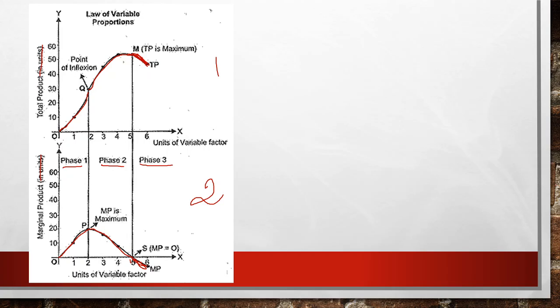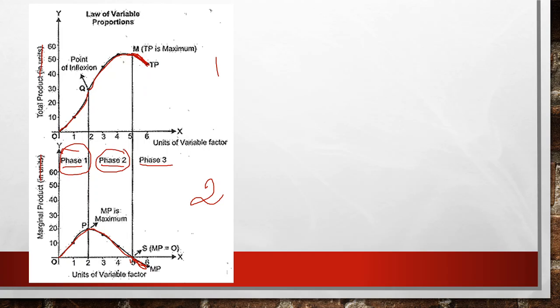It means TP increases at an increasing rate and MP of each variable factor rises, okay? Second phase, diminishing return to a factor.